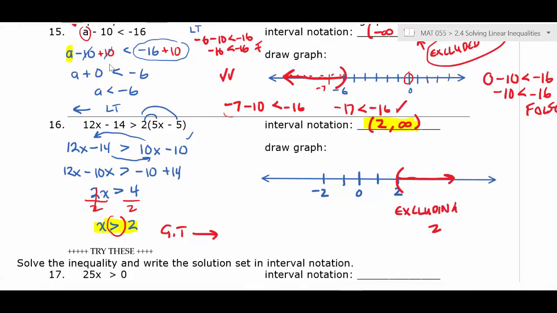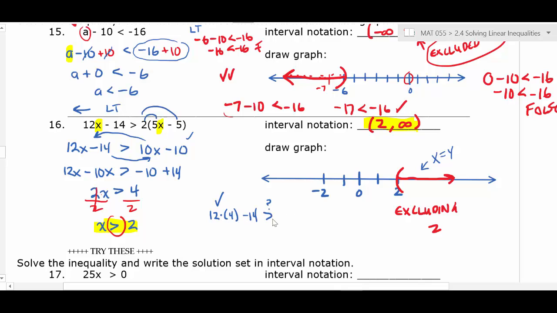Okay. Now again, let me just show you. Let's pick a number that's a solution and just kind of keep it simple. Let's say x equals 4. Plug it in. Everywhere you see an x, plug it in. It should work. So let's go ahead and do that. Just kind of as a check, we have 12 times 4 minus 14.